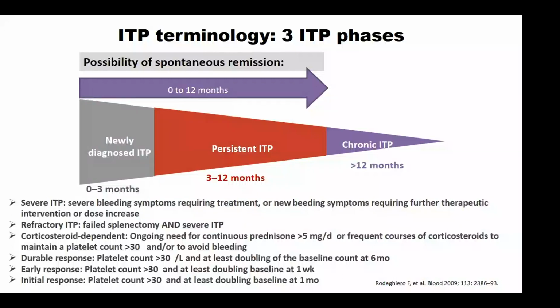Durable response is achieving a platelet count more than 30 for at least 6 months. Early response is achieving a platelet count more than 30 at 1 week, while initial response is achieving a platelet count more than 30 at 1 month.